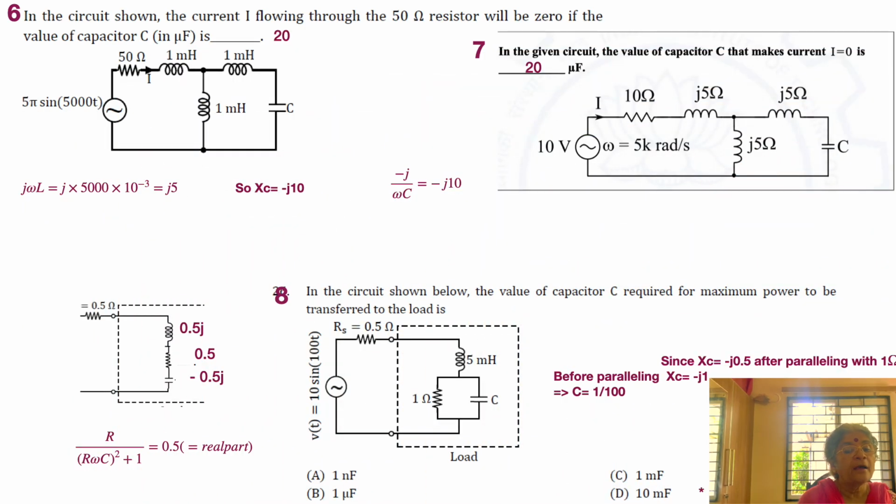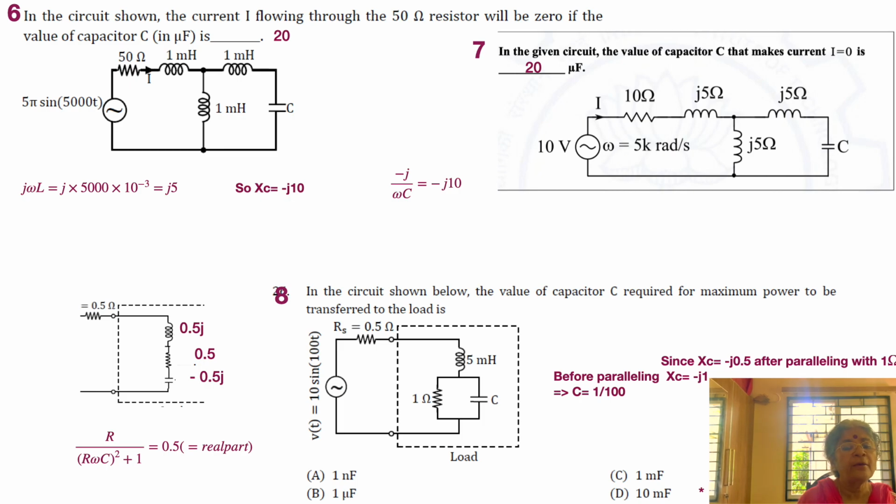The impedances need to be equated, but of course with an opposite sign, or in other words, the capacitance should overwhelm or become larger than the inductance, the value of which is given. So 1 millihenry, multiplying omega L, multiplying by omega 5,000, you get it as equal to j5.